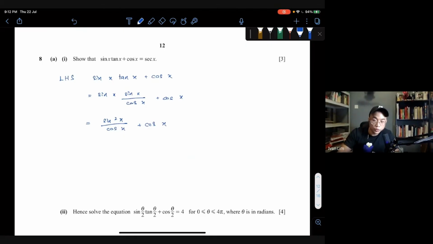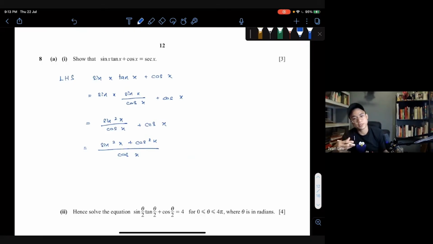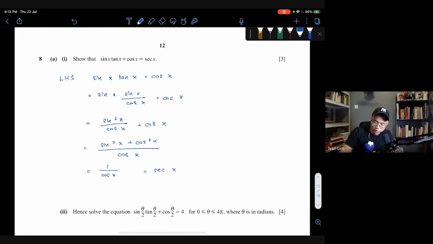Now there are two terms, so let's make it the same denominator. So it will be sine square x plus cos square x over cos x. If you practice enough, you should be able to know this also: sine square plus cos square equals 1. So 1 over cos x, which equals secant x. Proven.